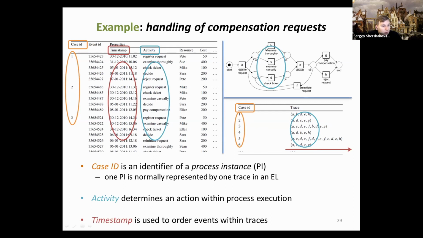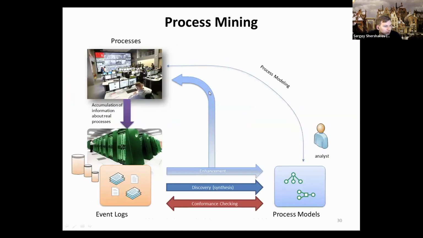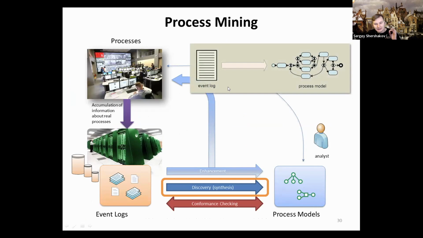You may find a correlation between what you have here as a model, what you have as an abstracted representation of an event log, and what you have as a real event log. So this was a task called process discovery. I think it's clear now.